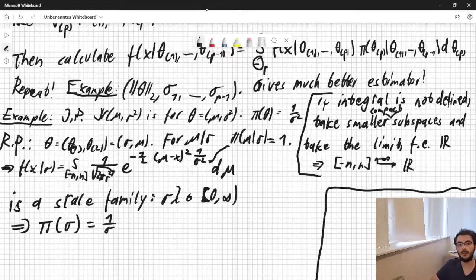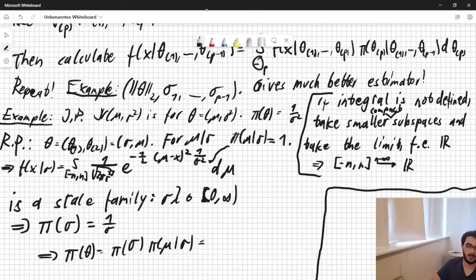And then we combine all of these. We say that pi of theta is equal to pi of sigma times pi of mu given sigma, which is equal to 1 over sigma, which is a much better prior. At least that's what the textbook says.